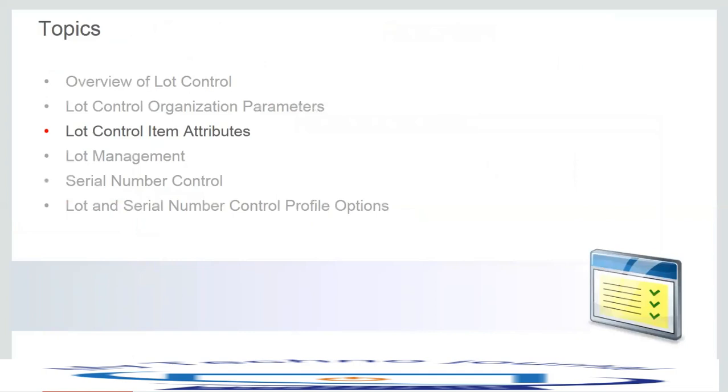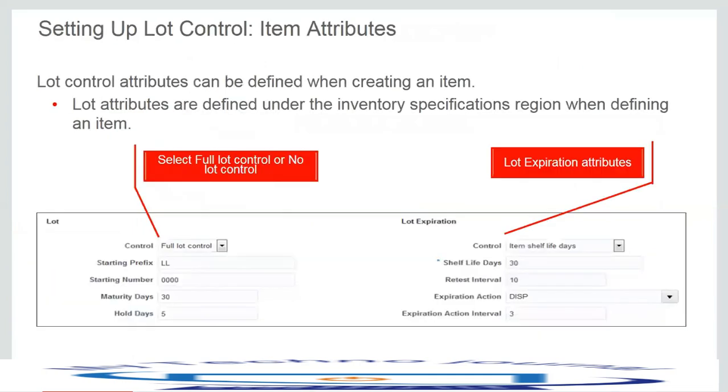Lot control item attributes. This screenshot highlights lot as well as lot expiration attributes. In the control drop down, you can select full lot control or no lot control.